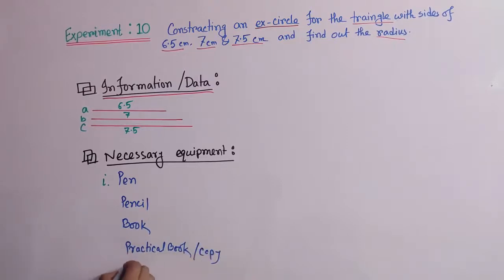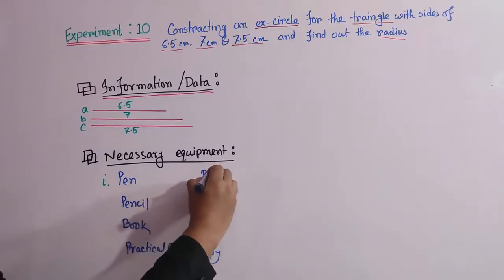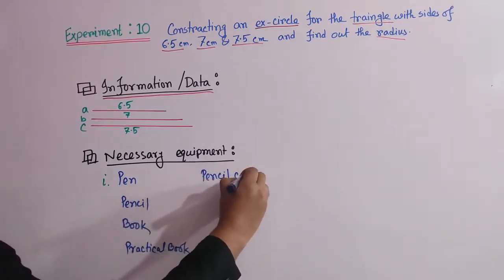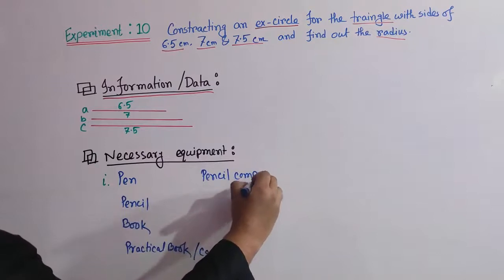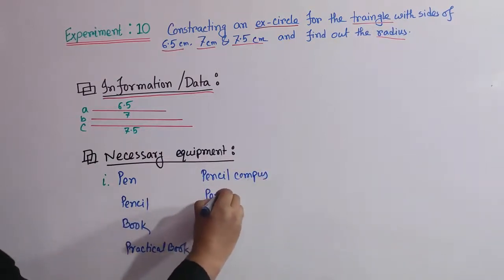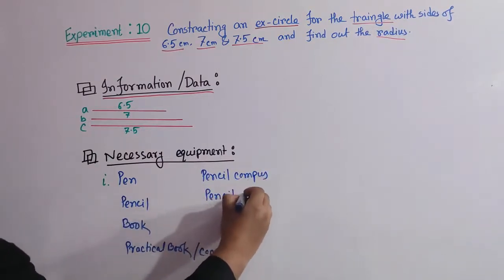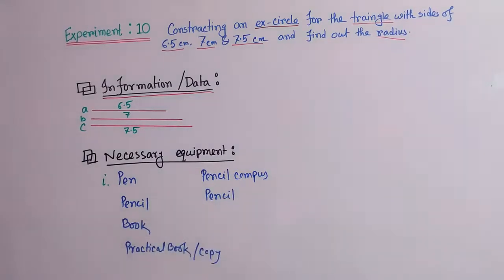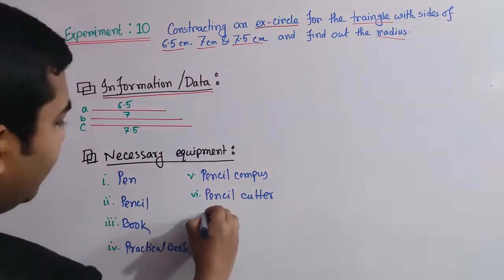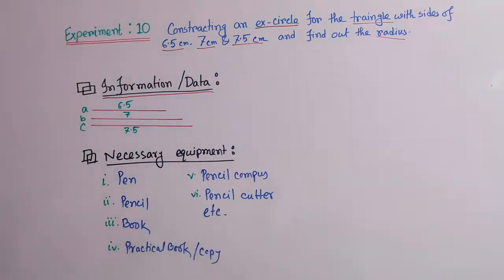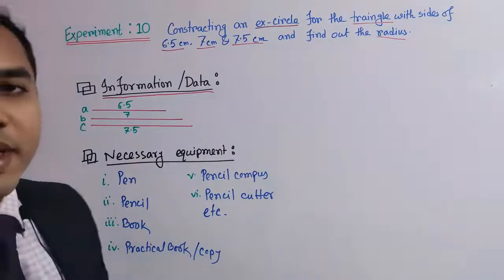Then we need a pencil compass, then a pencil sharpener, or we can write pencil cutter, and so on. These are the necessary equipment we need.